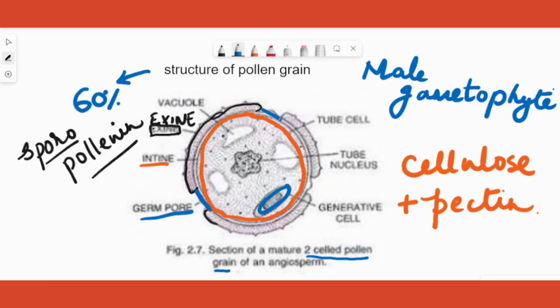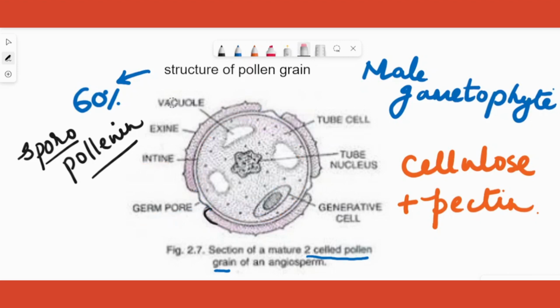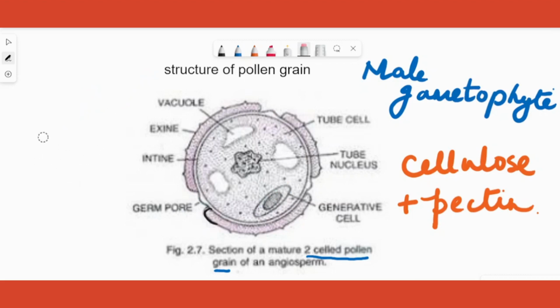Germ pores. Again, inside the pollen grain, let's go inside and see what is inside. There are two cells. What are the names of the cells? The first cell is called the vegetative cell or the tube cell. What will be its purpose? Its purpose is making the pollen tube.